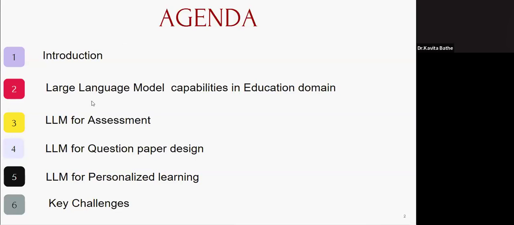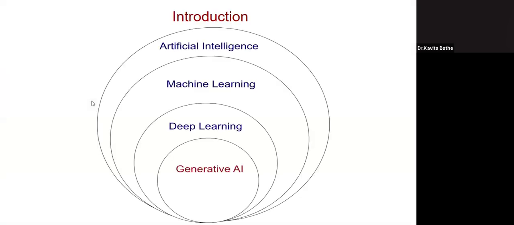So moving ahead. As we all know, we all know about this diagram, right? In our day-to-day life, we are frequently using various technologies and various applications that are being developed through these technologies.